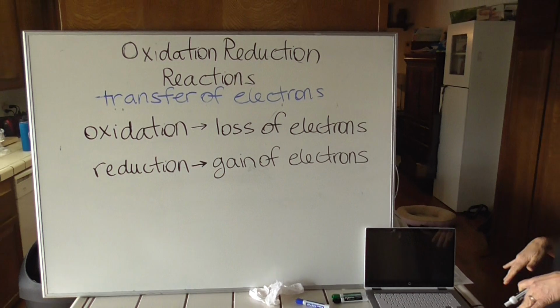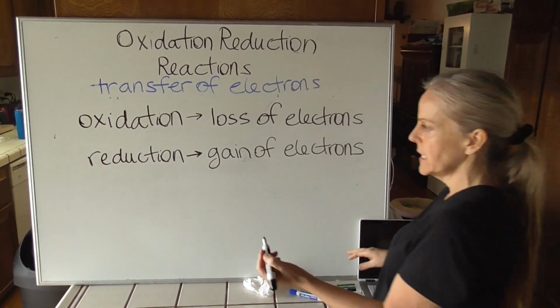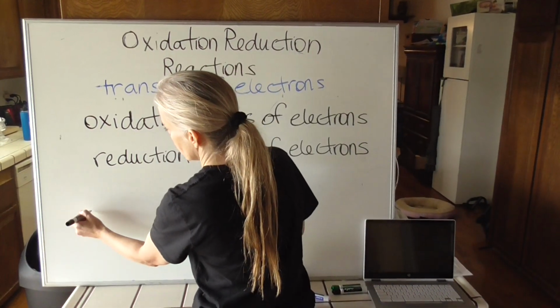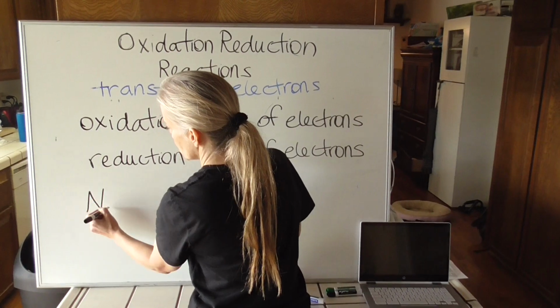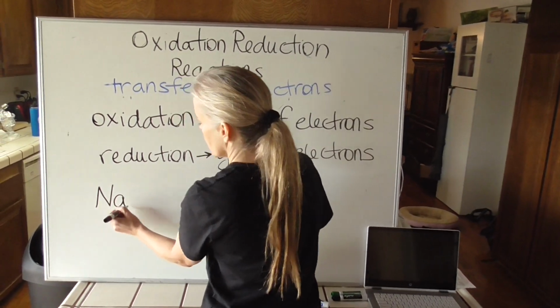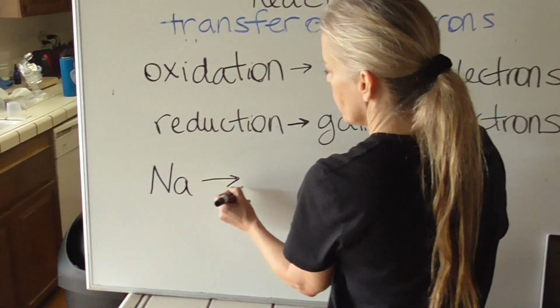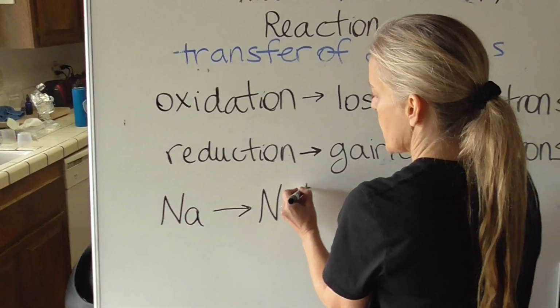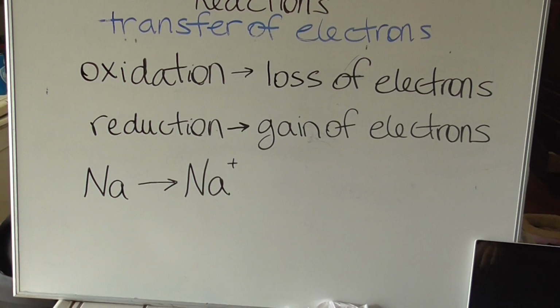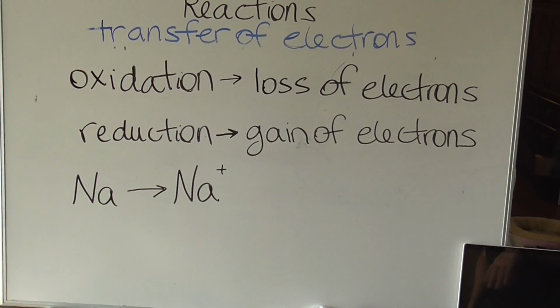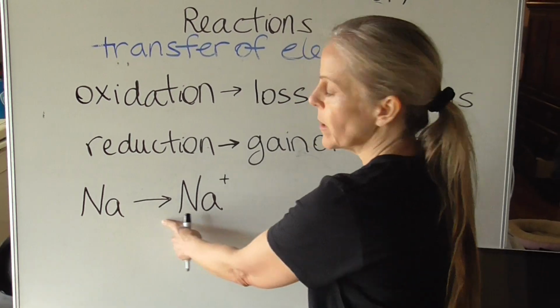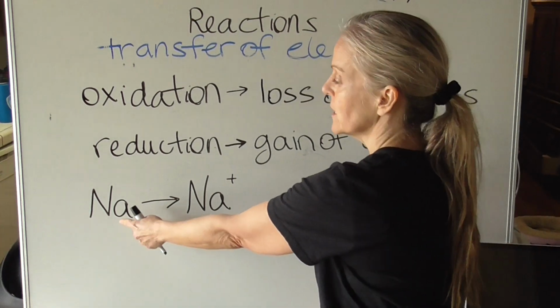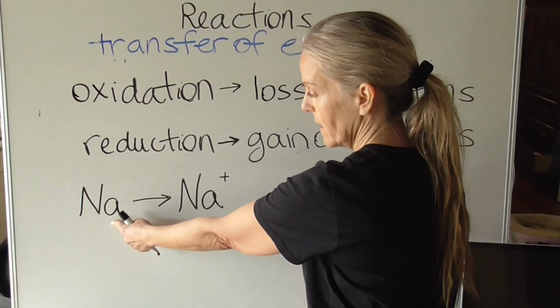So a simple example of an oxidation process would be if you had sodium turn into sodium ion. In order to get more positive, it had to lose something negative.